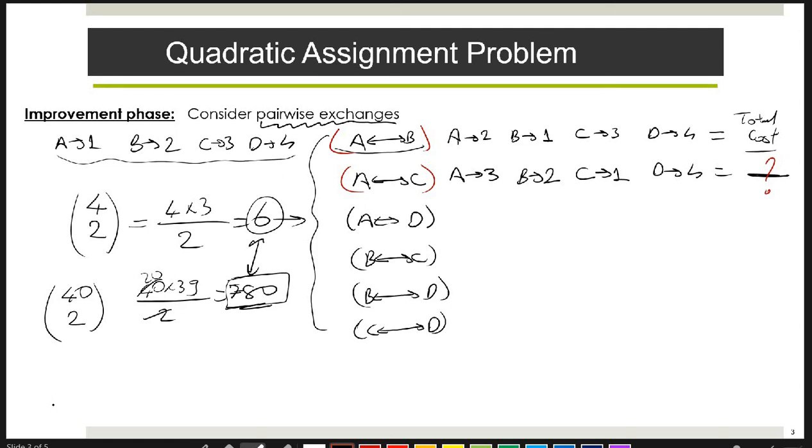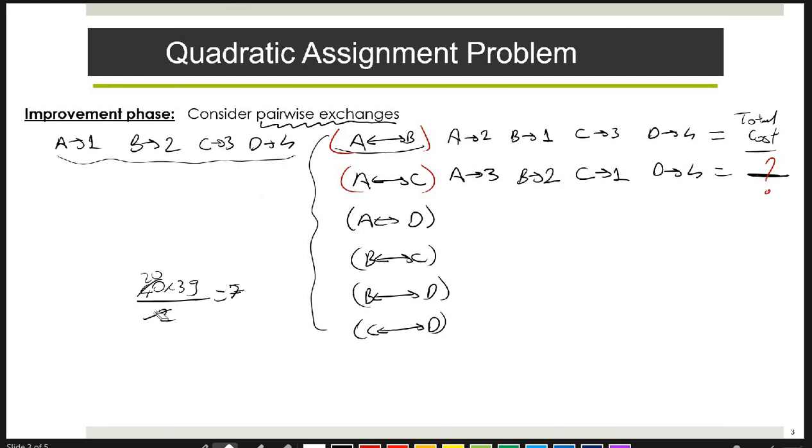But still, for a computer, 780 is a very small number. It can calculate quite quickly, even in seconds, milliseconds. But for us, this will take some time. I mean, for 780, no one wants to calculate it. But again, in order to illustrate this algorithm, 4 machines is good. We can just calculate 6 possible ways.